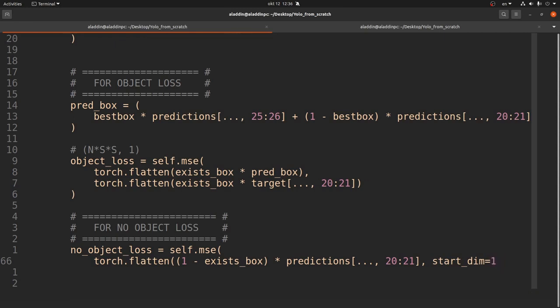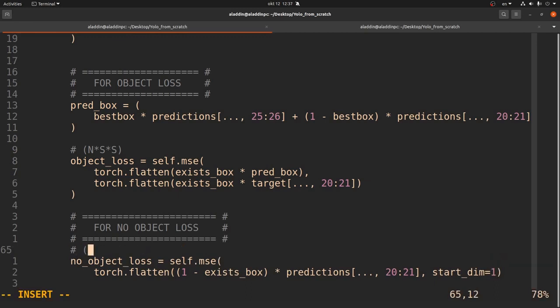I'm not really sure if we need to do that. Oh, maybe, okay, so maybe here, I should probably check this up again, but I think torch.flatten here might flatten the entire thing. And that makes sense. We don't have to have this comma 1, so we can just have that. But here we want to specify start dim equals 1. All right, so I think I'm starting to notice that there's a little bit of an inconsistency in how I've done this torch.flatten. In this case, it seems that we're flattening so that we have N, comma S, comma, in this case, just 1 for the no object, or no object for the box probability.